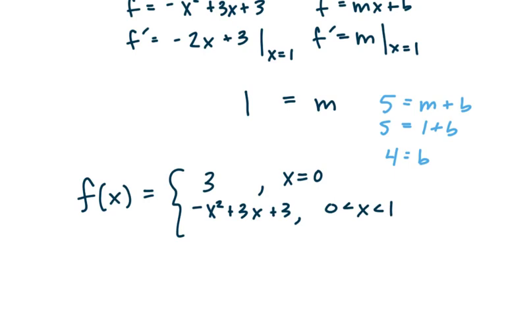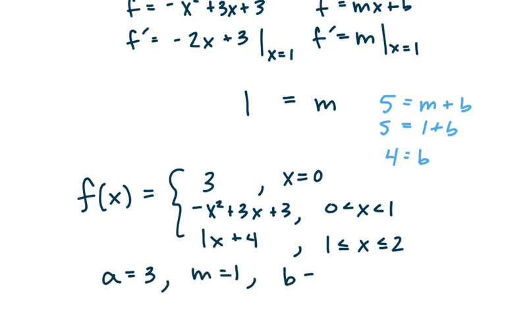And then my line would be 1x plus 4, and that is occurring when x is between 1 and 2. Okay? So just to recap, my a value would need to be 3, my m value would need to be 1, and my b value would equal 4.